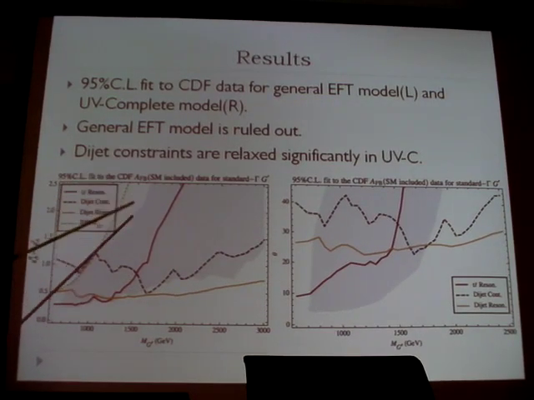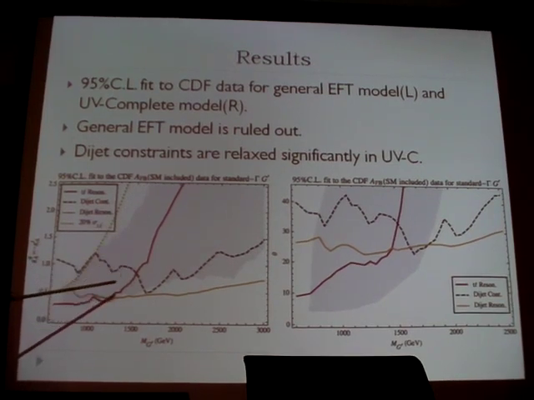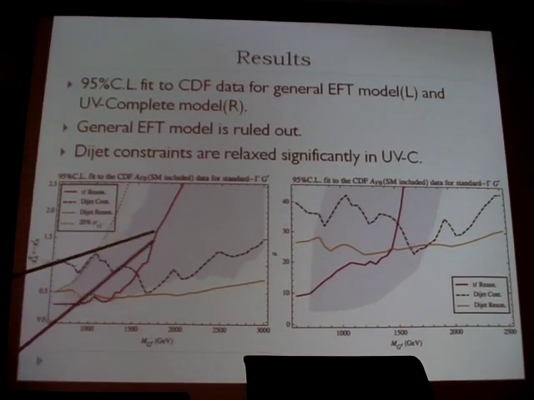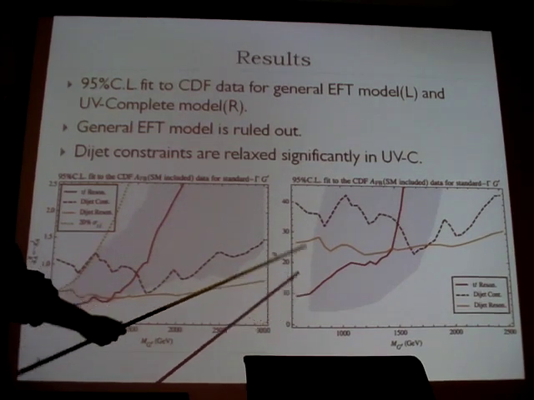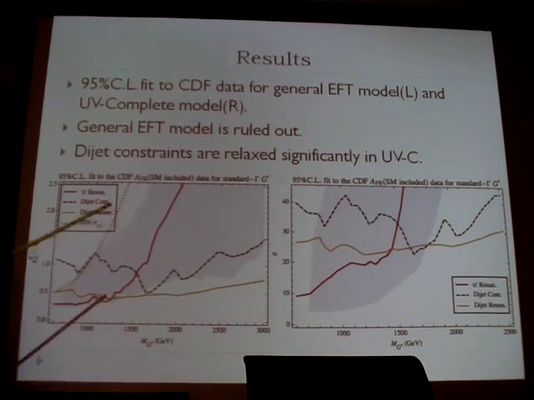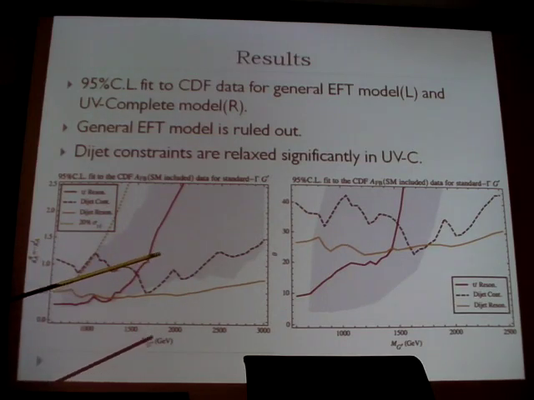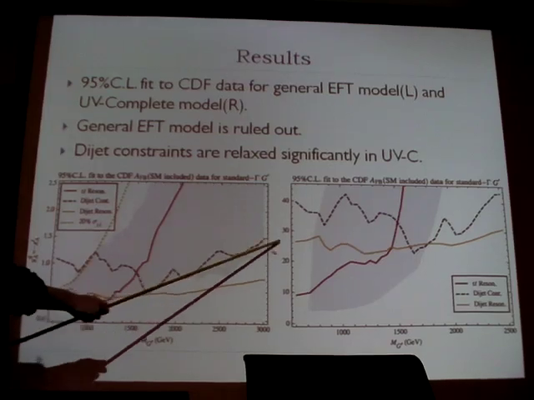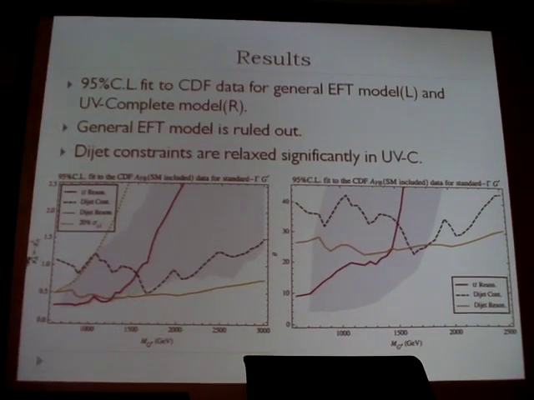And for the general theory model, the effective model, almost all the allowed parameter region is ruled out by the experimental constraint. However, after we introduce the new particles, we have the freedom to change the couplings independently, so we can relax the dijet constraints. And here, this is the axial coupling, this is the mass.